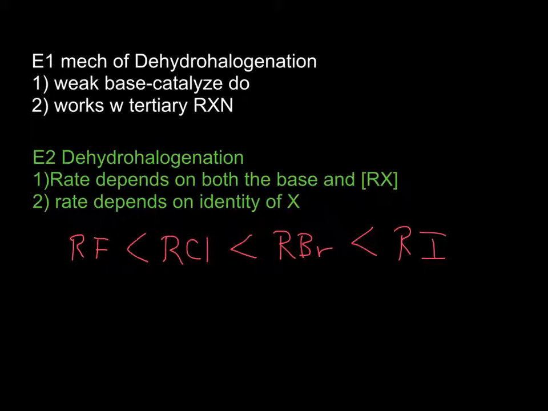So we're going to compare just fluorine to iodine now, because those are the two extremes. Which has a stronger carbon to halogen bond, the fluorine or the iodine? Fluorine. So this one has the strongest CX bond of the group. This would be the weakest.